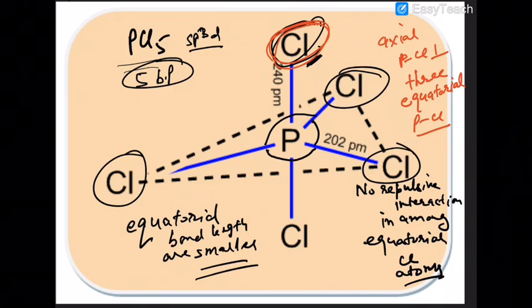So there will be 6 PCl bond angles which are perpendicular to the equatorial PCl bonds: 3 bond angles above and 3 bond angles below the plane.